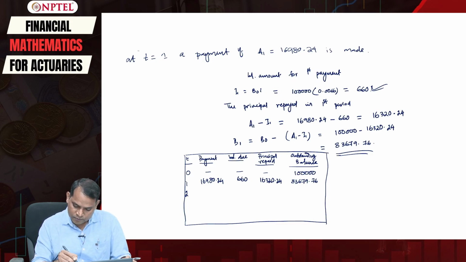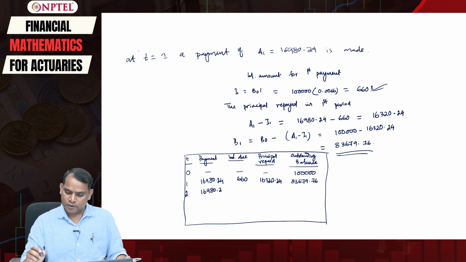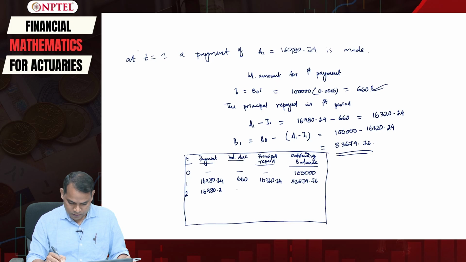So initially the first two payments are similar, so we will have 16,980.24, and using the same procedure we can compute the interest due, that is the interest amount of this one.